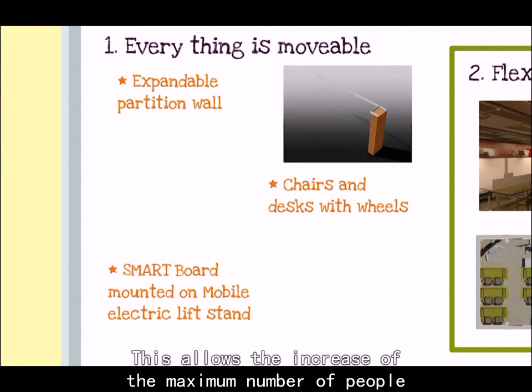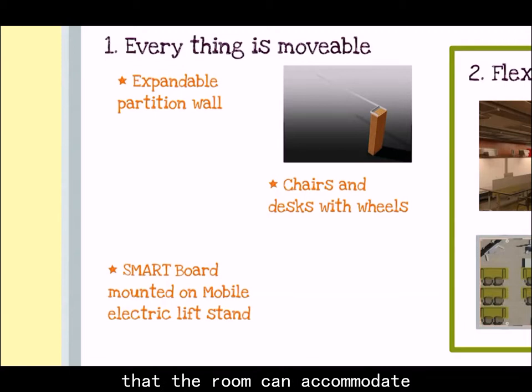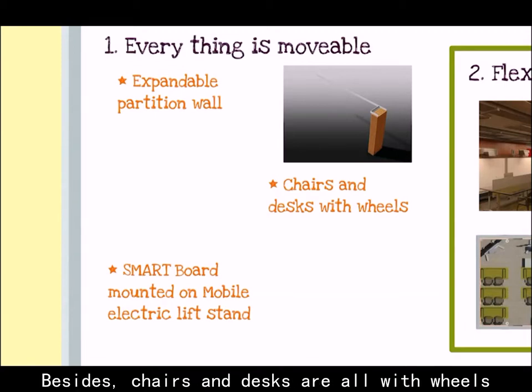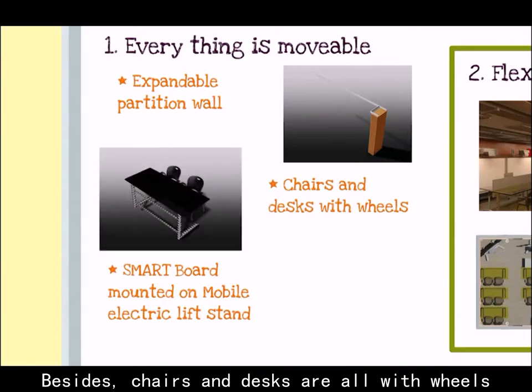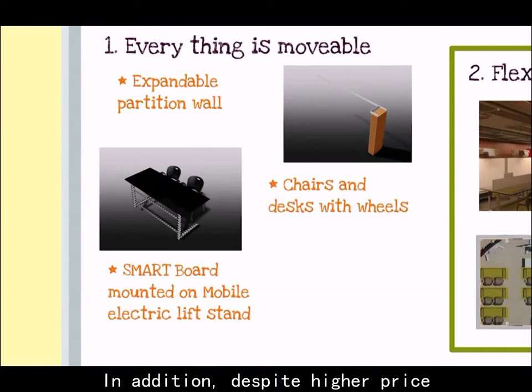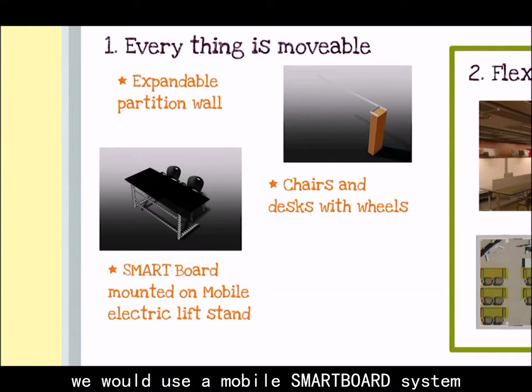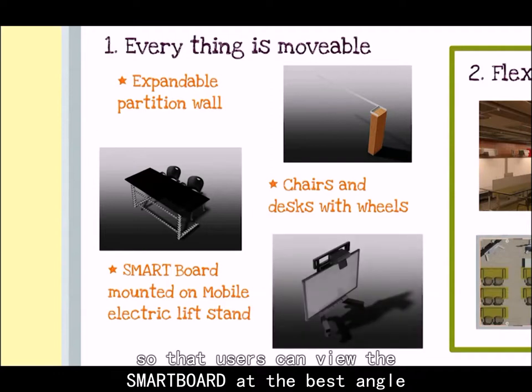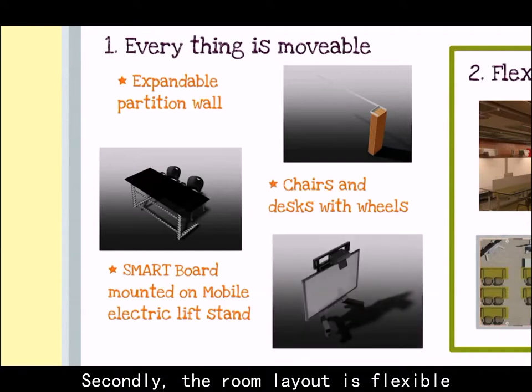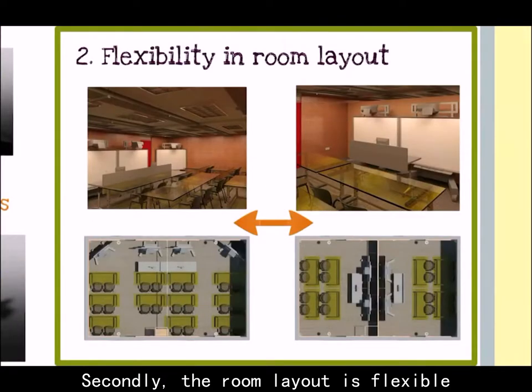This allows the increase of the maximum number of people that the room can accommodate. Besides, chairs and desks are all with wheels, so they also can be moved. In addition, despite high price, we would use a mobile smart board system, so users can view the smart board at the best angle.